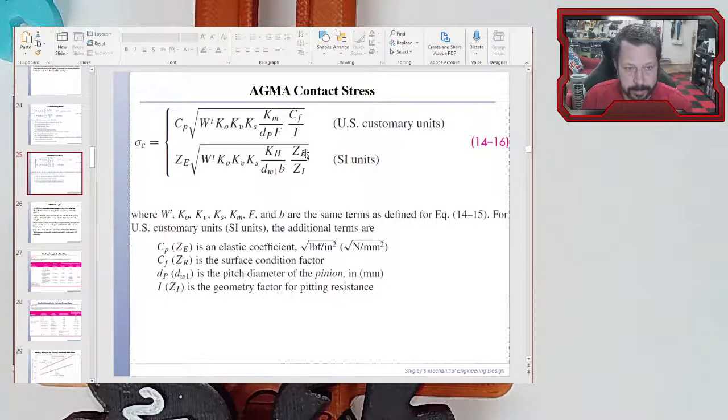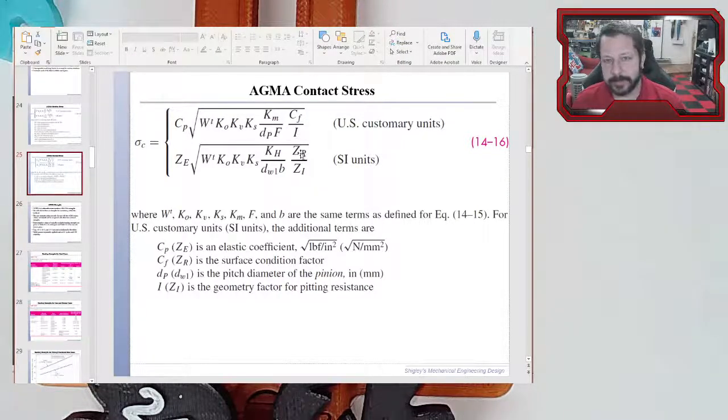CF and ZR are different. Basically, all the ones that include a unit of measurement are labeled differently. They mean the same thing. They just label them differently because they might come from an equation, or they might have units built into them. The K's don't have units built into them, so it doesn't matter if you use one or the other. They're just a ratio.